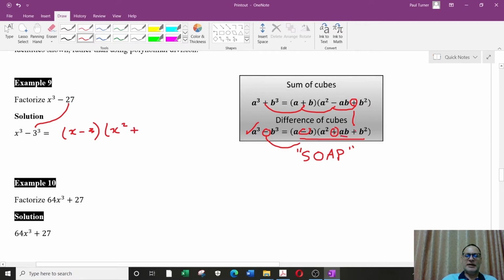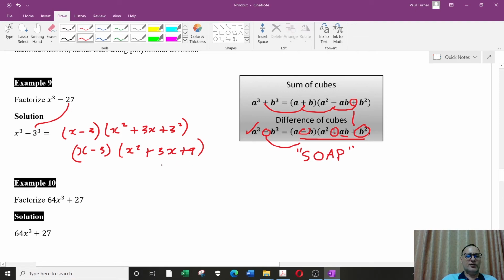And the rule is AB, so 3 times x, the number first, plus the last number squared here. So that would be 3 squared. And that's x minus 3, x squared plus 3x plus 9.